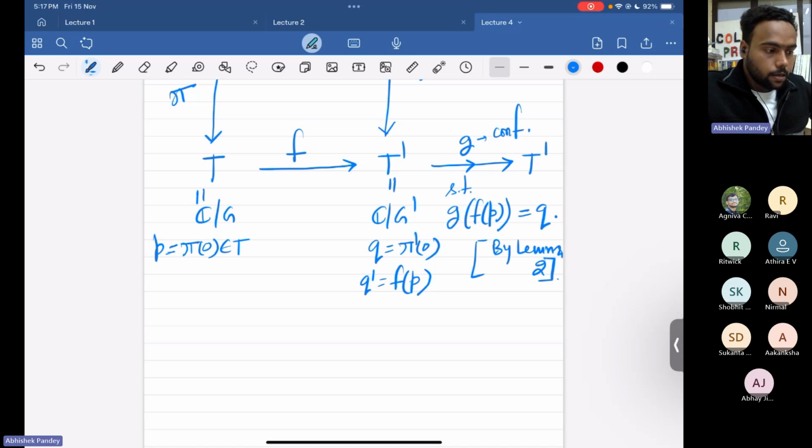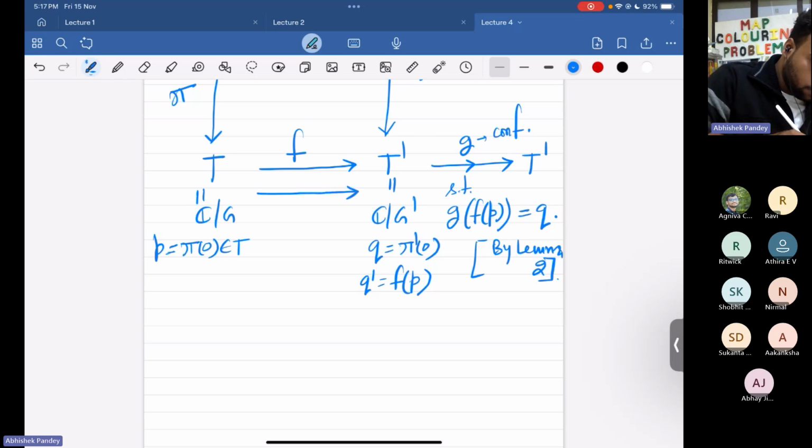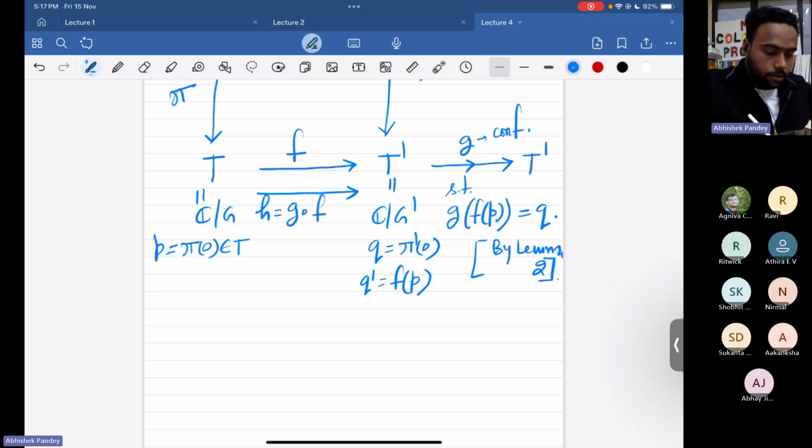Is it clear? Okay. So now we can consider another conformal map, which is H, the composition of G and F. This is again a conformal map. So H is again a conformal map from T to T dash.